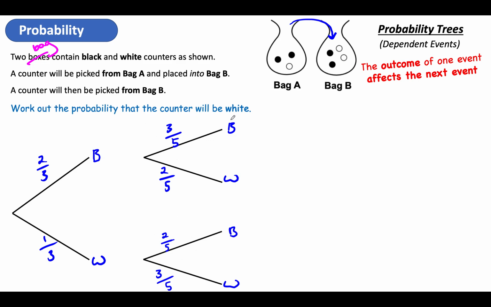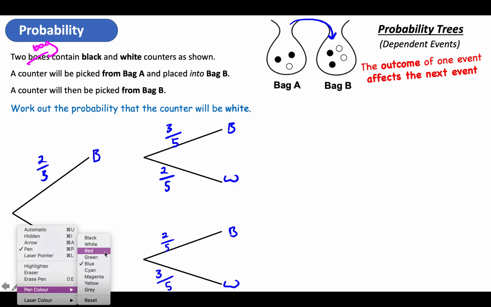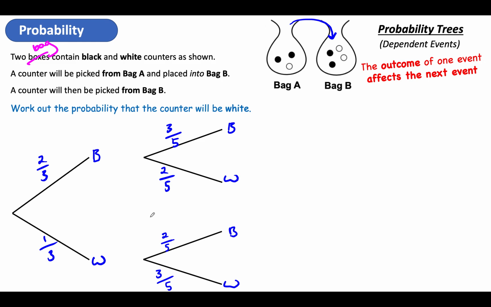What's the probability that the counter will be white? I'm going to go back to red, strong red pen. What's the probability that the second counter is white? Well, there are 2 options: this one, where we pull a white out of the second bag, or this one, where we pull a white out of the second bag.